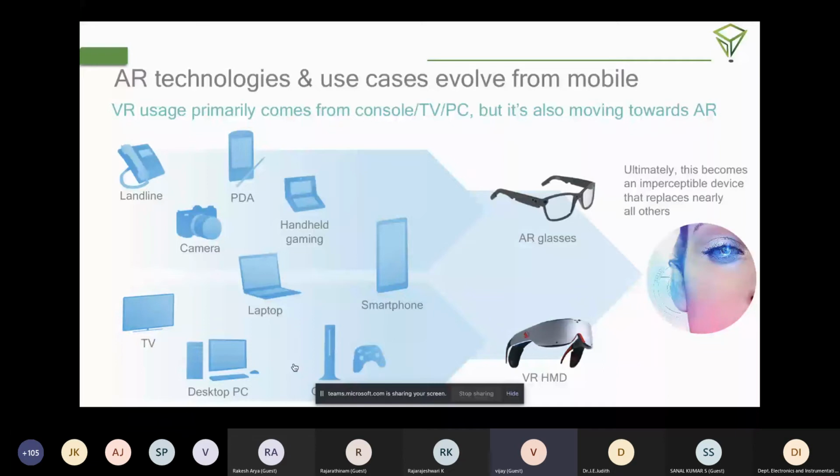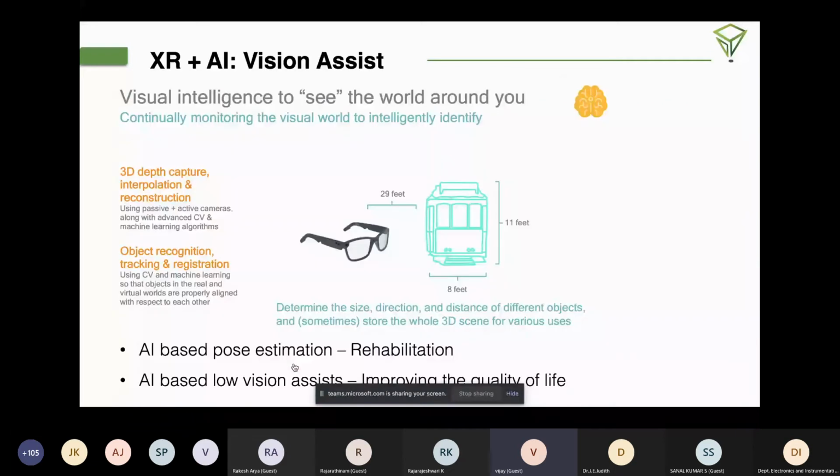What about AI? AI is part of every AR VR technology that's being built. If you look at HoloLens, it uses AI heavily. You have to first recognize what you're seeing. So there's 3D depth capture, interpolation, reconstruction, object recognition, tracking, registration, a whole bunch of pose estimation and things like that.